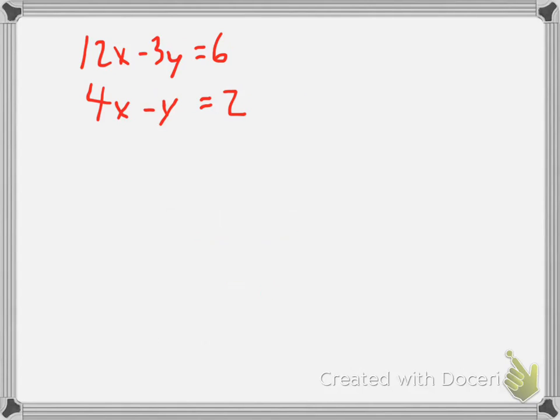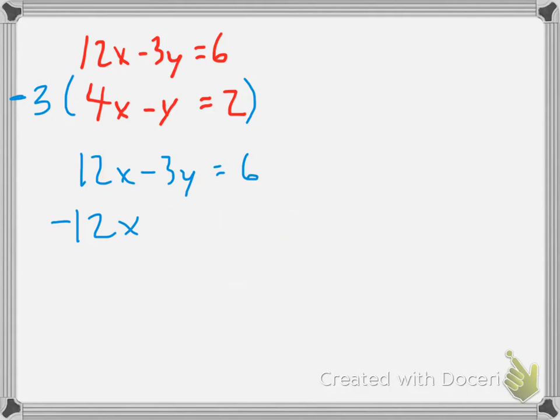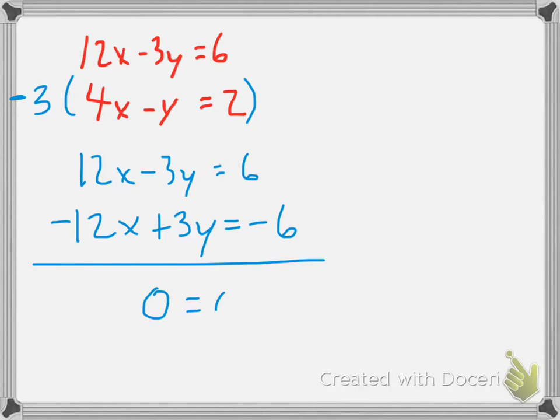For this one, you would multiply the bottom. If I'm trying to eliminate the x, I'd multiply the bottom by 3 because 4 goes into 12 3 times. I end up with 12x minus 3y is equal to 6. And I have to multiply by negative 3. When I distribute, it'll be negative 12x plus 3y is equal to negative 6. When you add up and down, you end up with 0 equals 0.